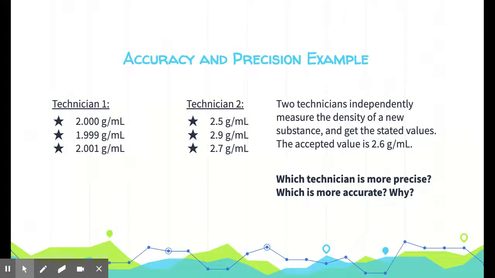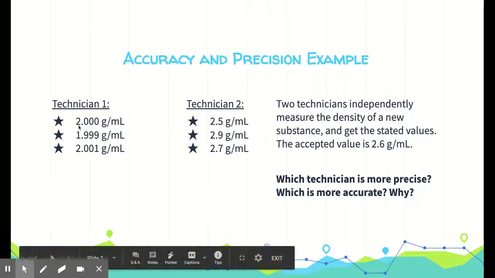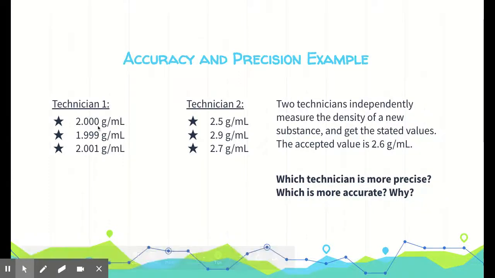If you had two different technicians taking samples, you can see that technician one has a lot of really good measurements here. So whatever measuring instrument they were using gave you a lot of precision in the measurement. You can tell that by the fact that it goes out 3 digits past the decimal. So whatever scale this was, or whatever measuring instruments they were using here to calculate the density, really gave them a lot of information.